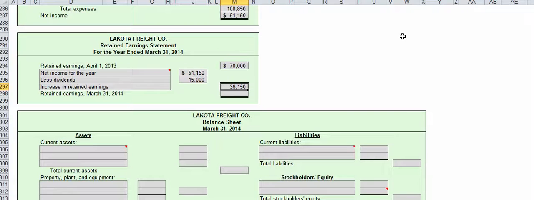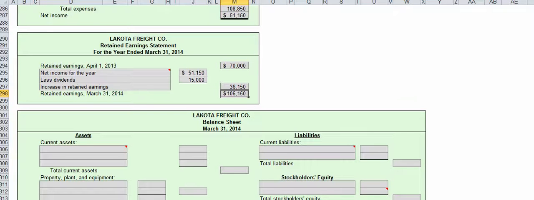That gives us $36,150. Now, to get our retained earnings balance at the end of the fiscal year, we'll take the beginning balance plus the increase, and that'll get us to our balance at the end of the year. So $70,000 plus the $36,150. So it's $106,150 is our ending balance for retained earnings.